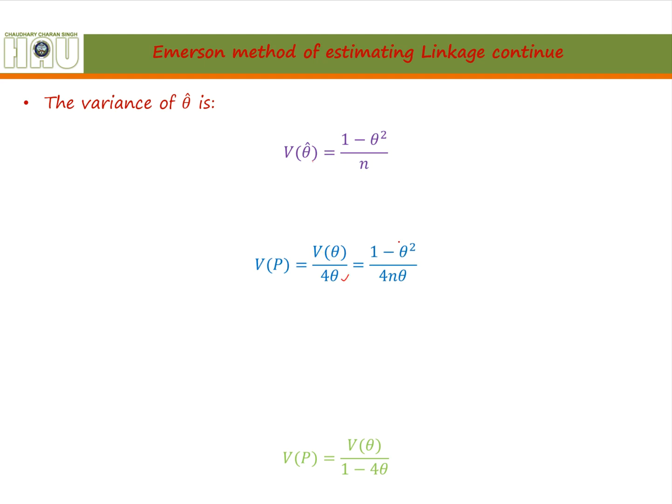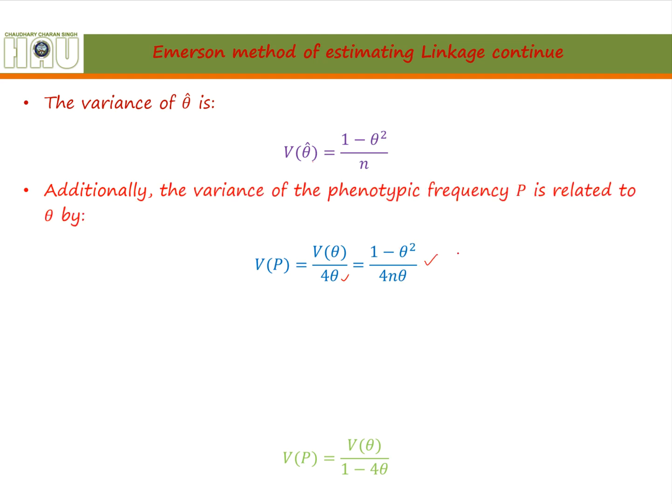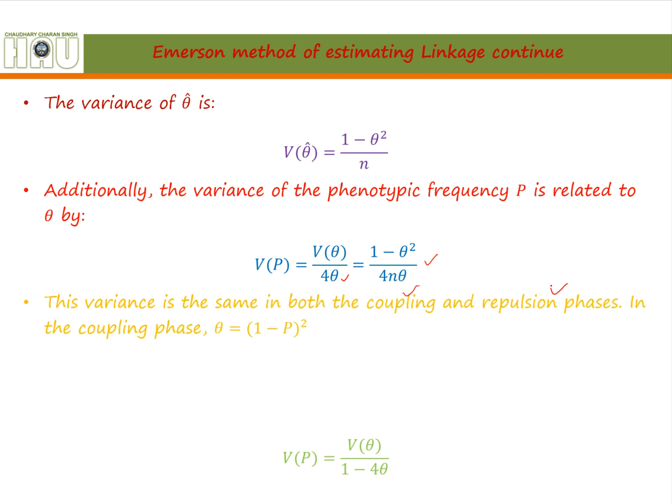And the variance of theta is 1 minus theta square upon n. I just substitute these values here. Then this variance is the same in both coupling and repulsion phases.